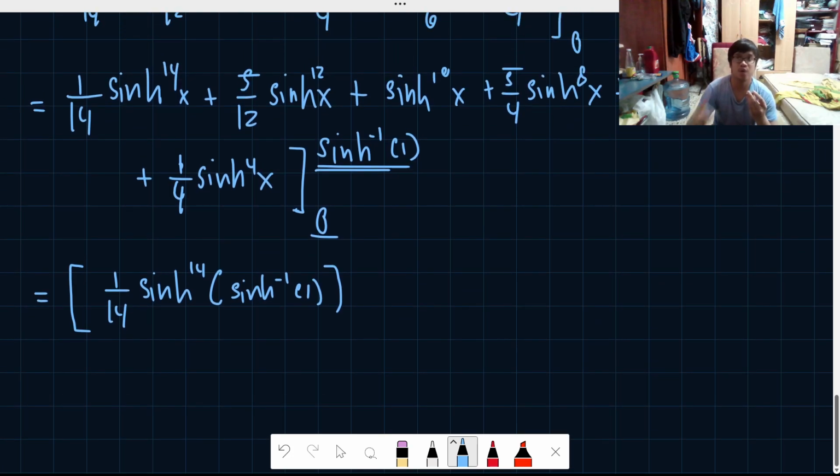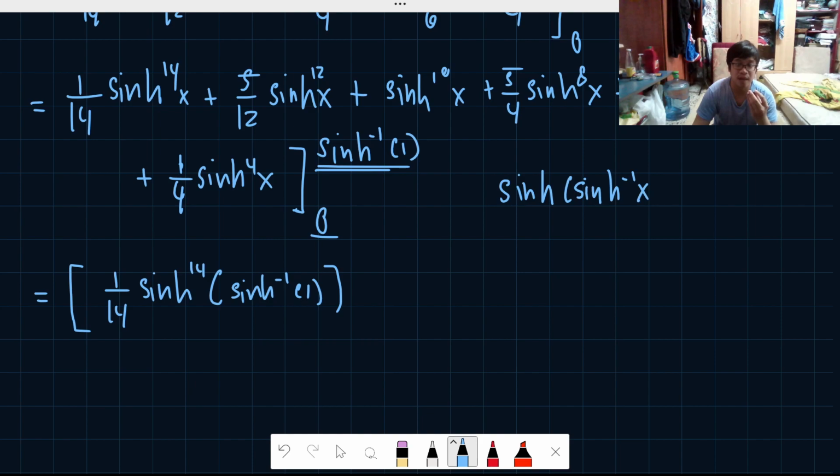This is actually one of the identities of hyperbolic trigonometric functions: if you have hyperbolic sine of inverse hyperbolic sine of x, the answer is x. Basically, this cancels out, and what's left is what's inside the inverse, which is x. So that will be the answer.